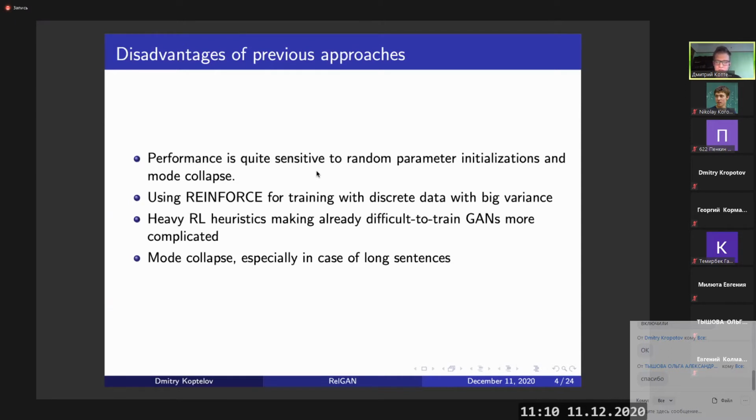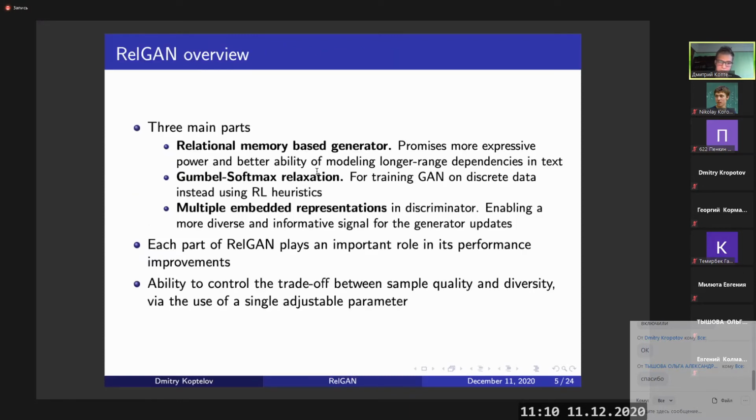It's because of a lack of power of the generator. A short review of RelGAN.